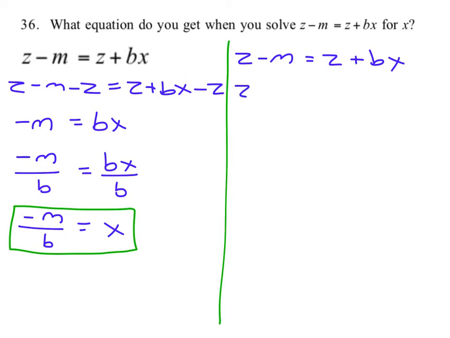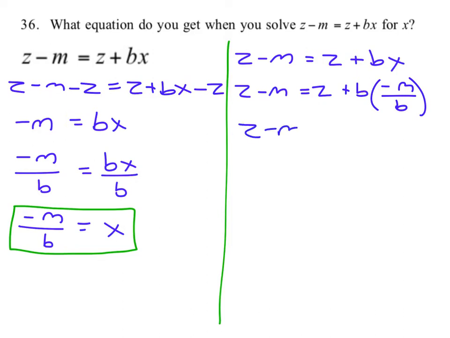So we say z minus m equals z plus b parentheses negative m over b. And you can see that this b times b and this divided by b cancel out. Okay, and all you're left with is then the negative m.